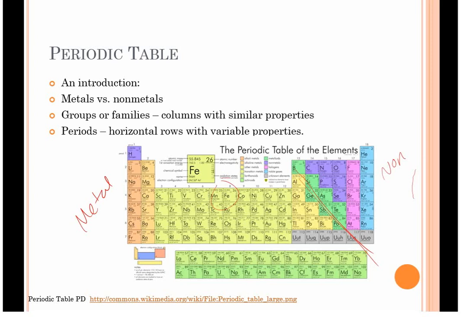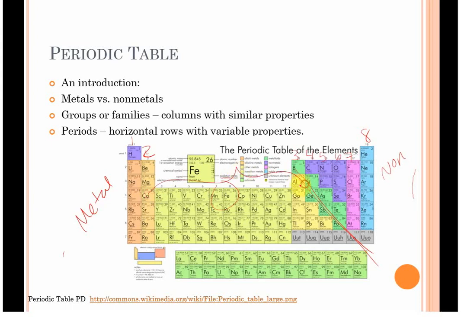Now, we can also talk about the periodic table in terms of groups or periods. Now, the groups are numbered one of two ways. For the most part right now, I'm going to number them as 1, 2, 3, 4, 5, 6, 7, 8.